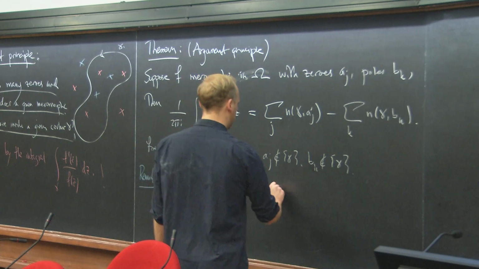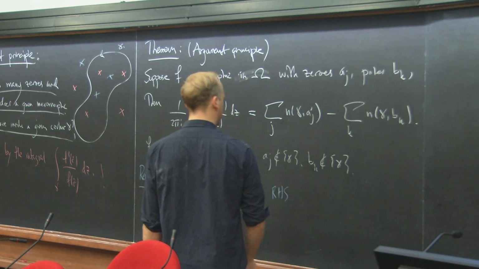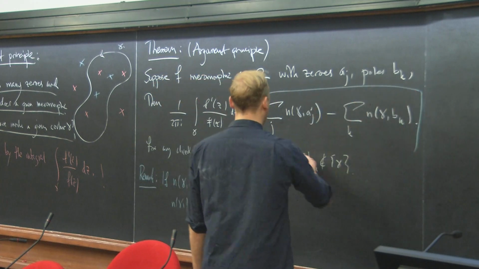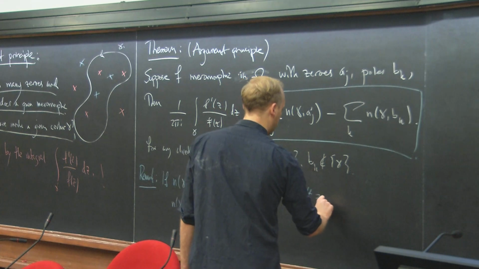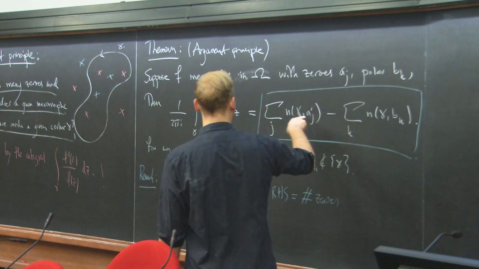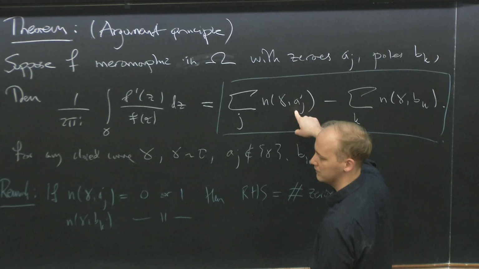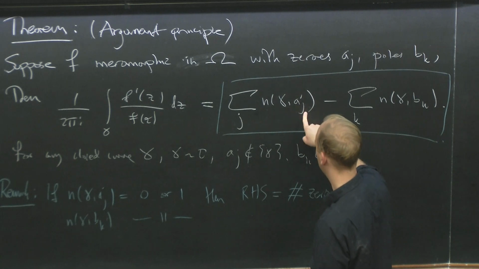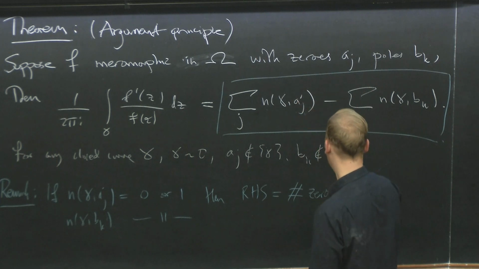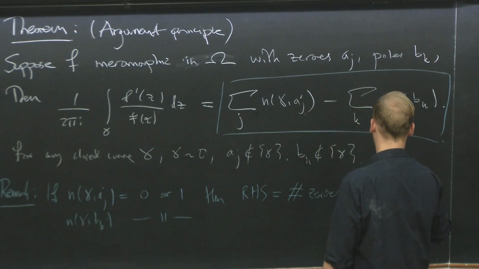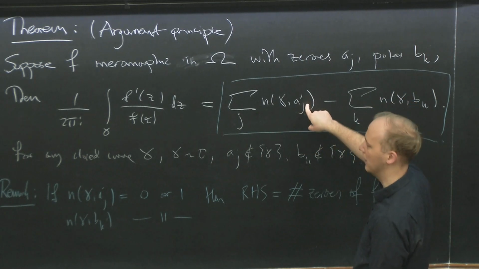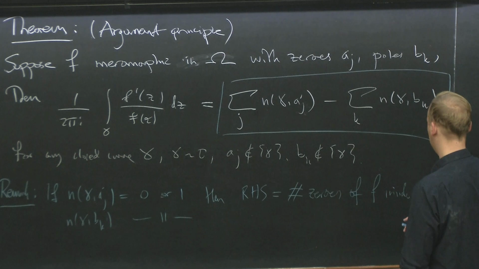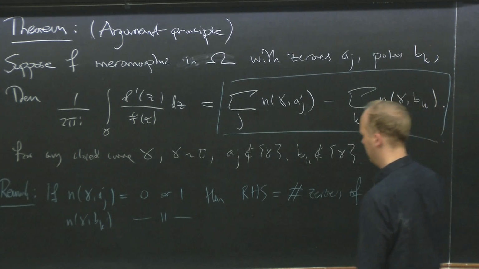then this right-hand side in the identity will be 0 except at every zero where it will take the value 1. So it will just pick up a value 1 for every zero you have. So it's the number of zeros of f. Except for the ones that are outside gamma, it will still pick up 0. So it's the number of zeros of f inside gamma.